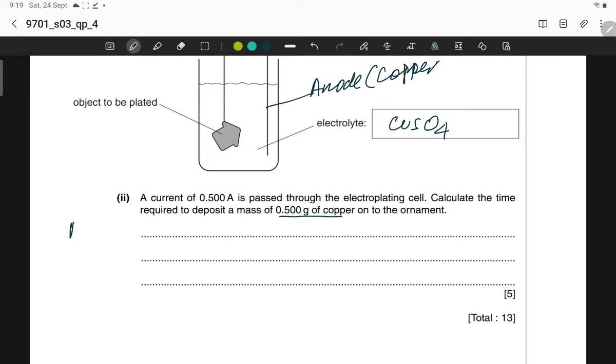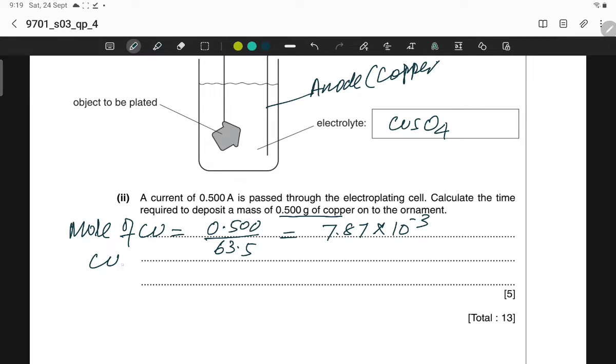First, let's find the moles of copper, which is equal to 0.500 divided by 63.5, which is equal to 7.87 into 10 raised to minus 3. These are the reactions: at the anode, Cu solid goes to Cu2 positive plus 2 electrons.